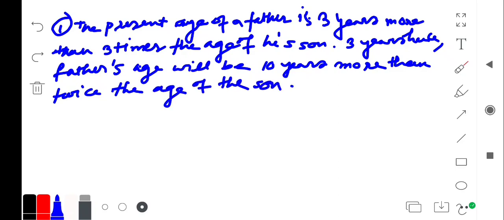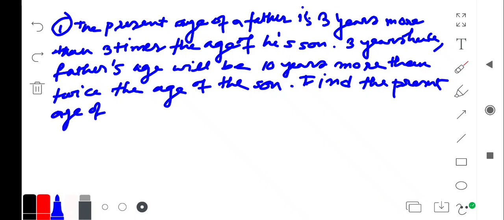Okay, so what should we find out? Find the present age of the father.